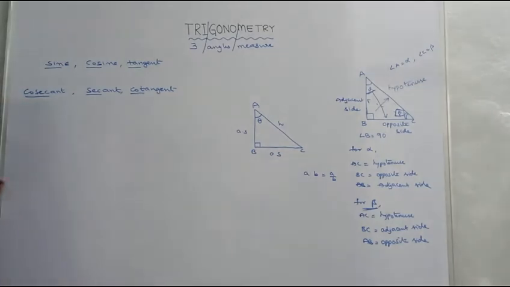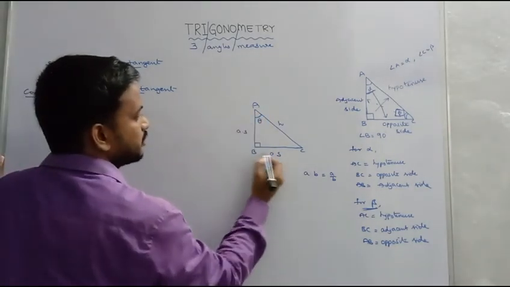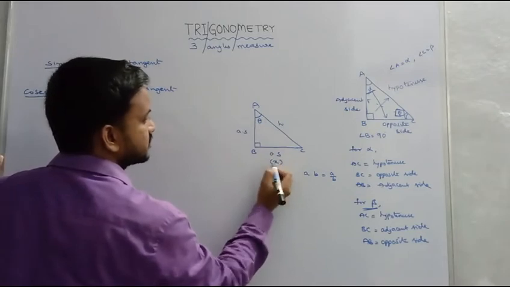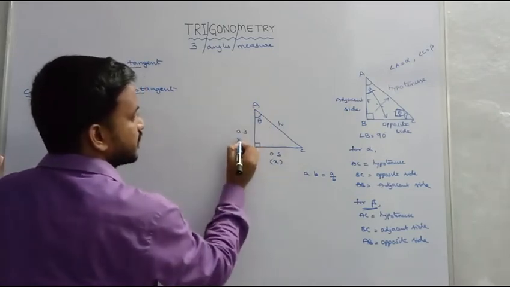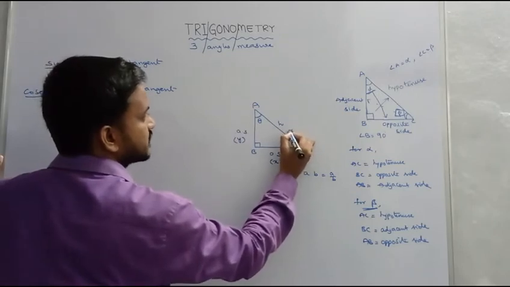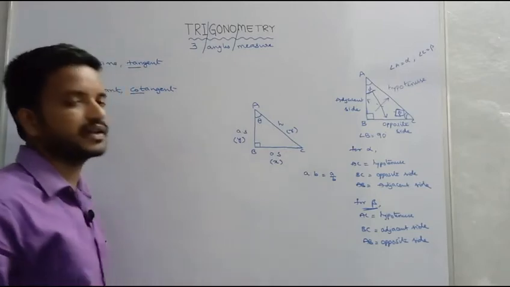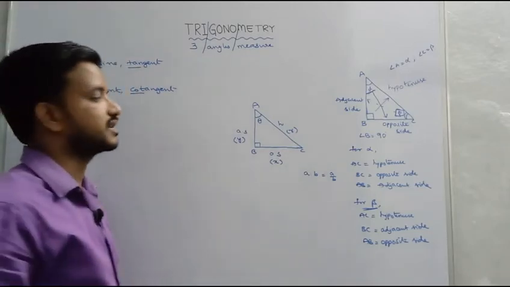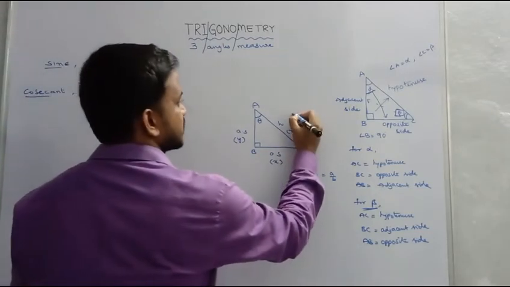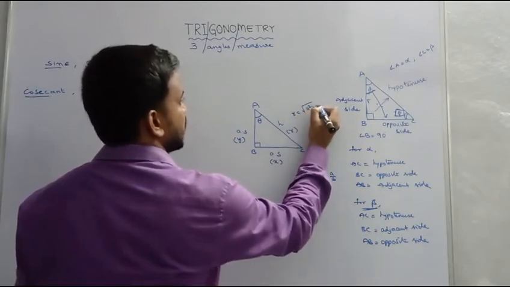Okay, so let us consider the lengths. For example, BC length is x units, AB length is y units, and AC length is r units, and you can apply the Pythagoras theorem for this. By applying Pythagoras theorem, we get r equals under root of x square plus y square.